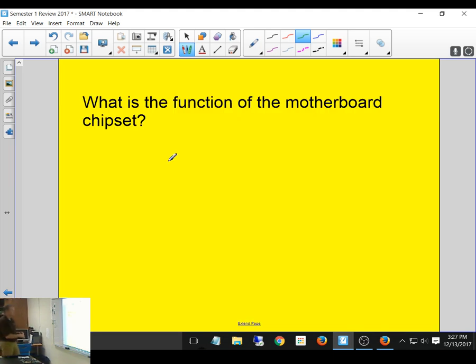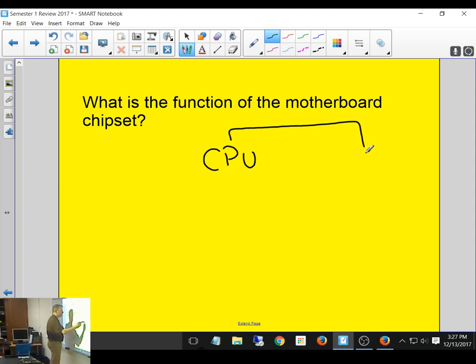So one of the things everybody said they didn't understand was, what is the function of the motherboard chipset? So the function of the motherboard chipset is to control the flow of data and instructions from the CPU to all the other parts of the computer. Okay?